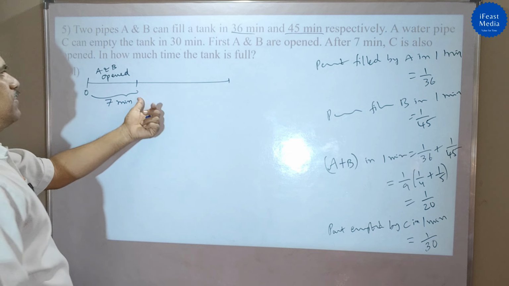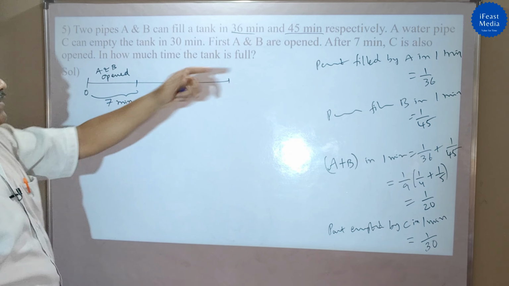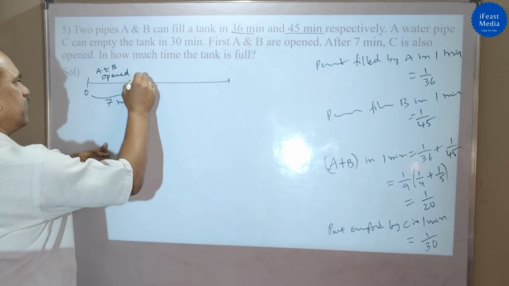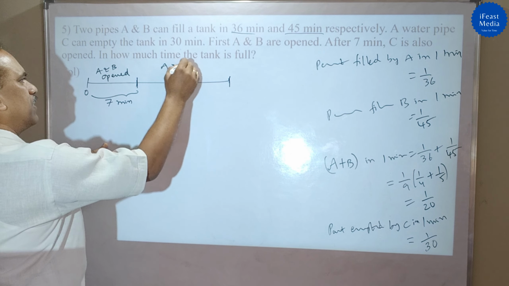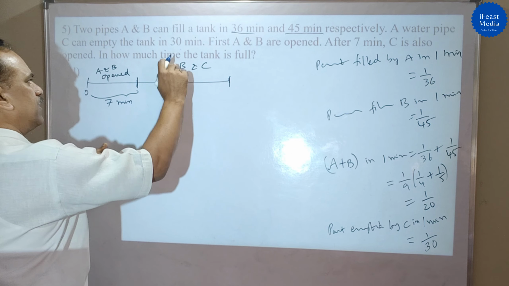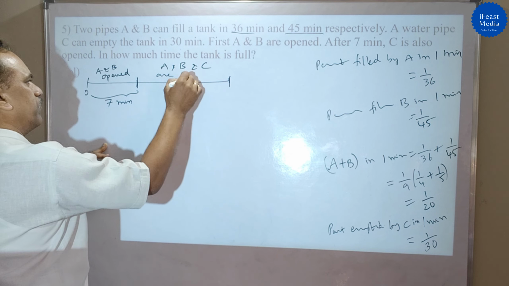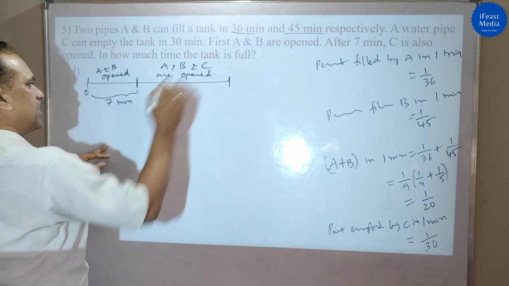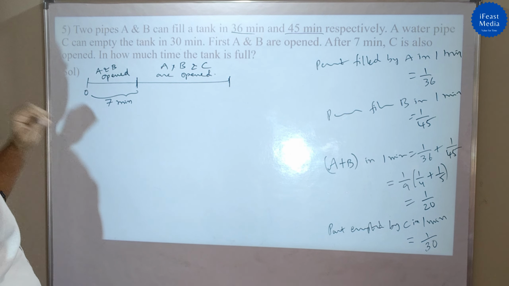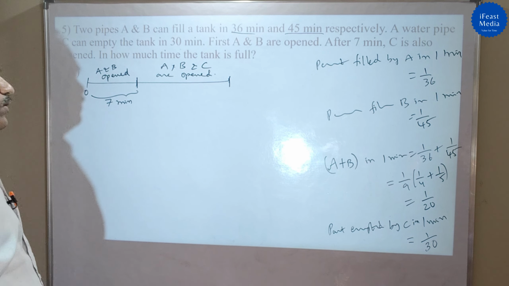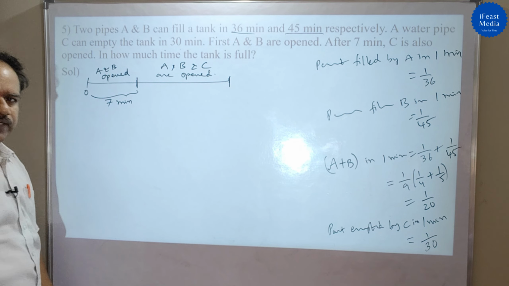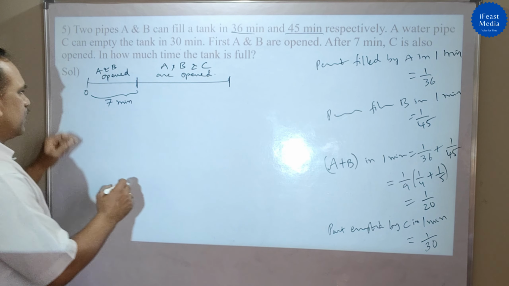After 7 minutes C is also opened. So from here to here A, B and C, all three are opened. Right? So in how much time is the tank full?